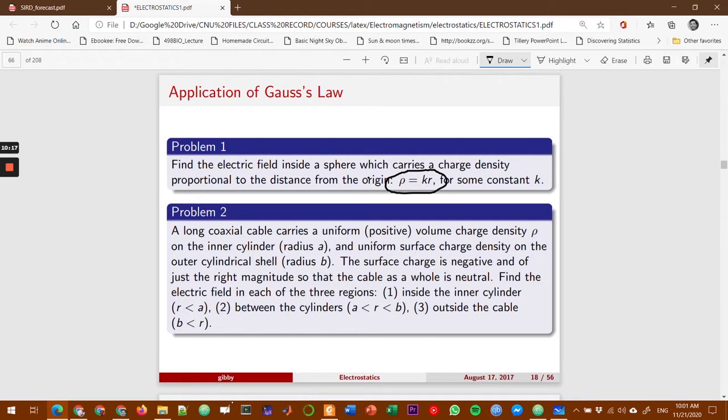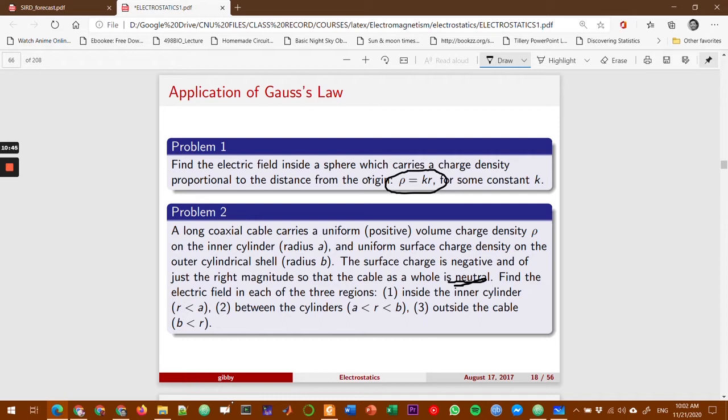So a long coaxial cable carries a uniform positive volume charge density rho on the inner cylinder of radius A and a uniform surface charge density on the outer cylindrical shell of radius B. And the surface charge is negative and of just the right magnitude so that the cable as a whole is neutral. So you find the electric field in each of the 3 regions.